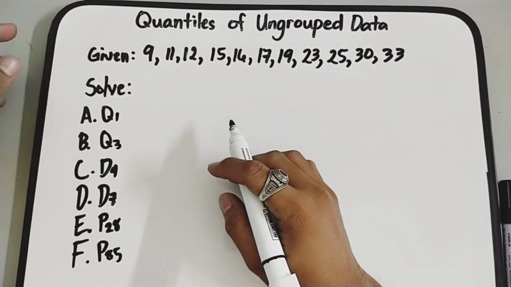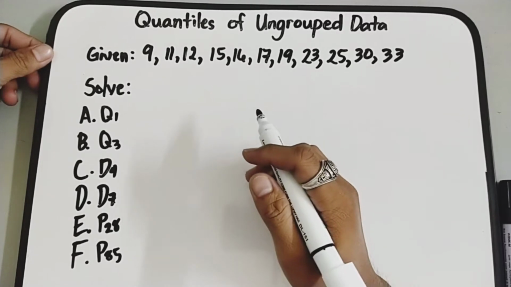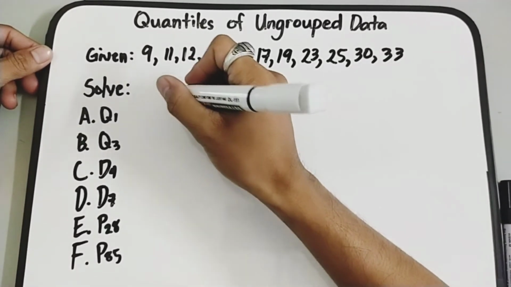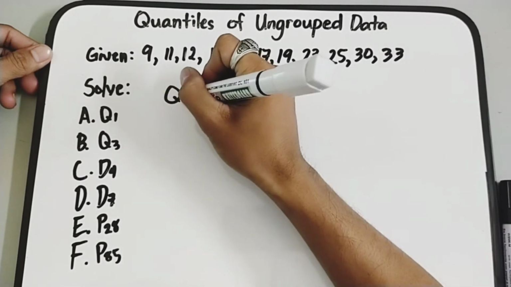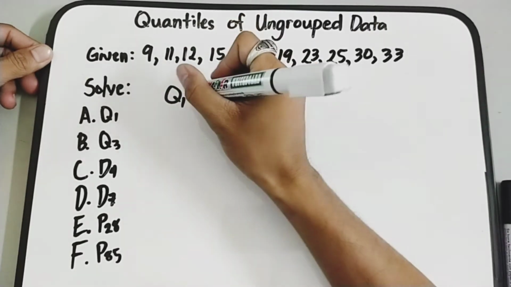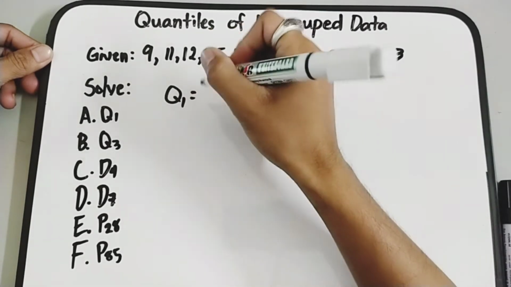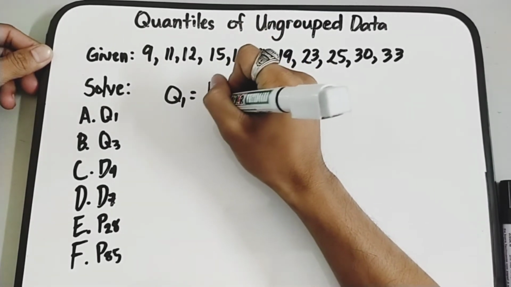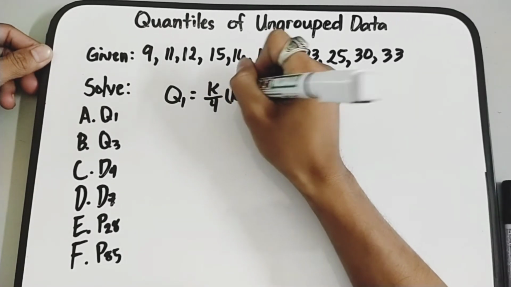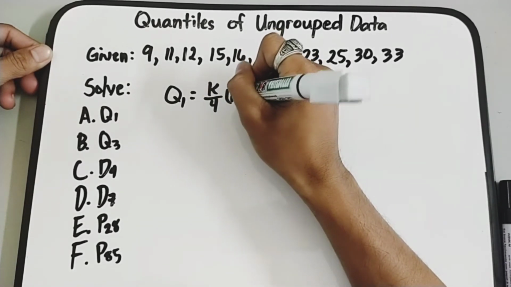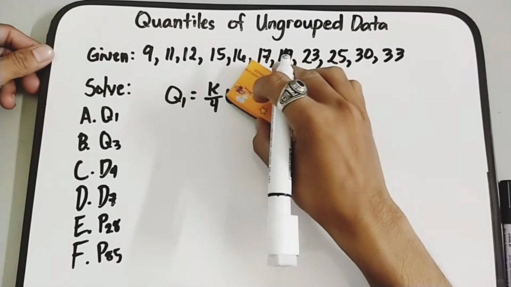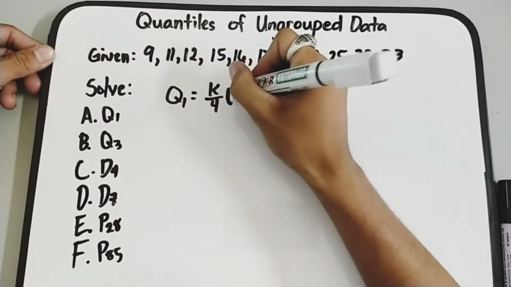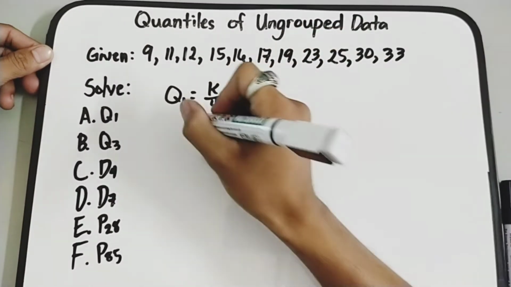Sabi natin, kapag quartile yung hinahanap, dinidivide siya sa 4. So, using the formula, quartile or Q sub K, for quartile 1, is equals to K over 4 times N, where N is the total number of data that we have.